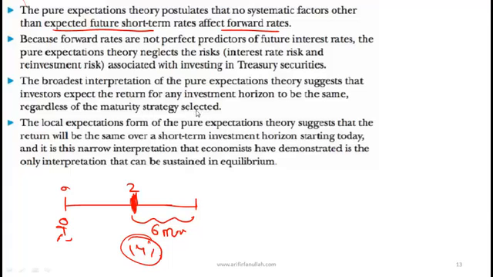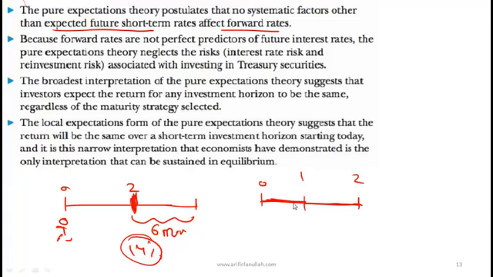So effectively, what this theory is saying is that, let's say you are at time 0, you invest in a 1-year security, sell it, and then again invest in a 1-year security, your expected return is the same as investing in a 2-year security at time 0. So according to the pure expectations theory, the expected return is the same in both scenarios.